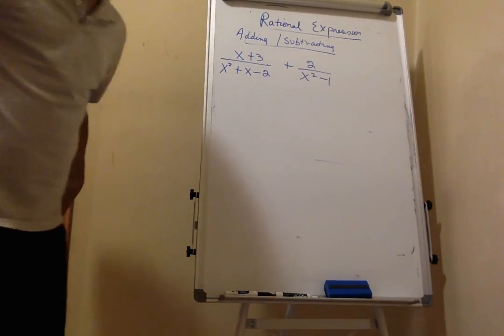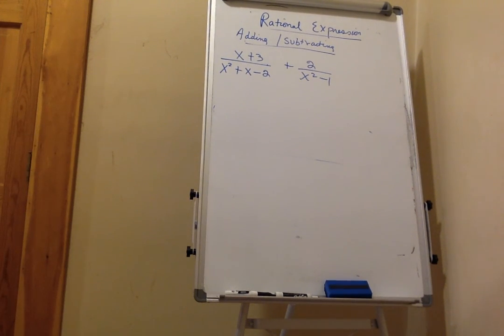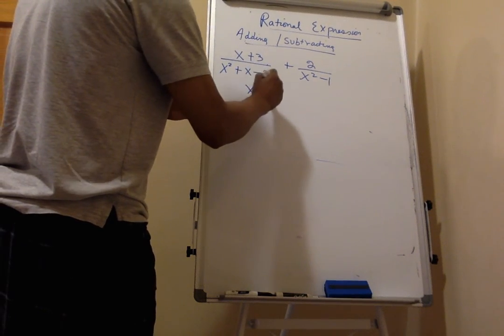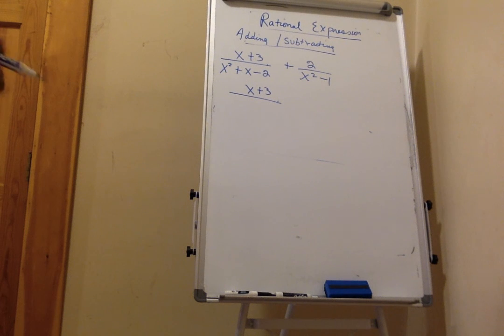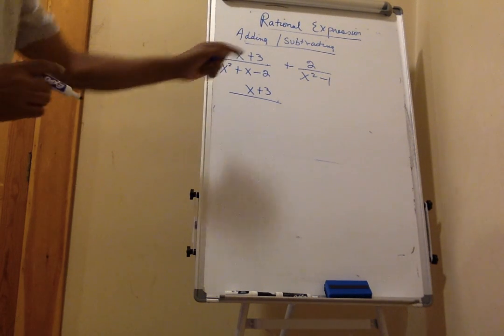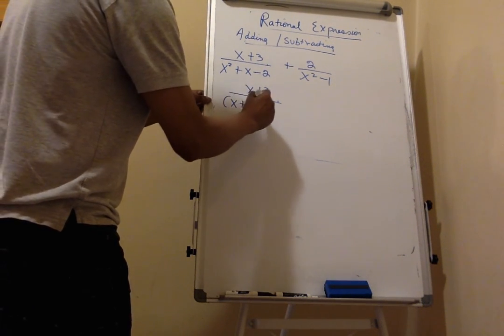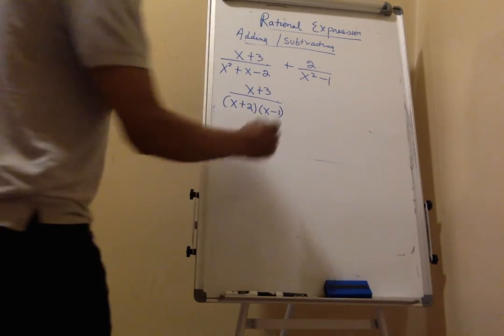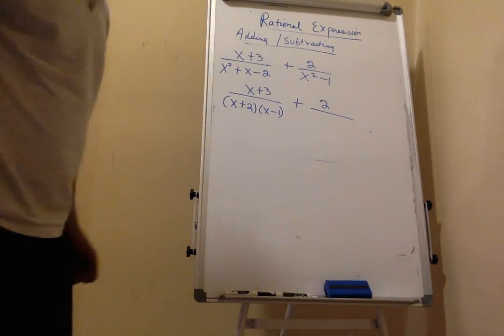Now we have to deal with factorizing the denominator first. Let's ask ourselves, what two numbers multiplied will give us negative 2 and added will give us positive 1. So it would be x plus 2, x minus 1. Plus 2. This is the difference of two squares.